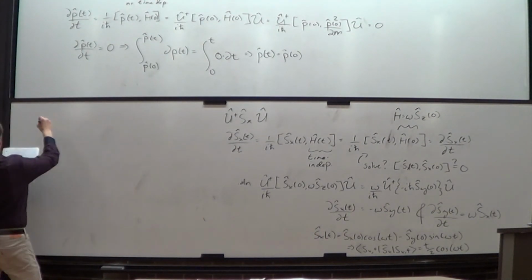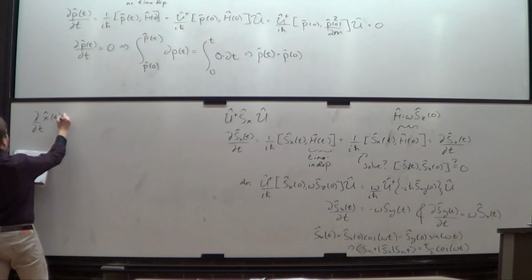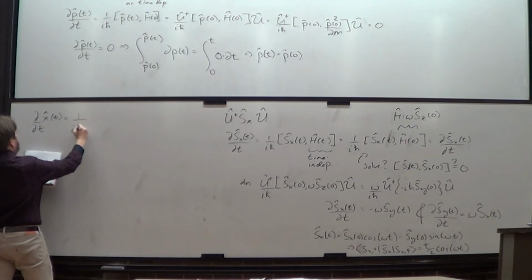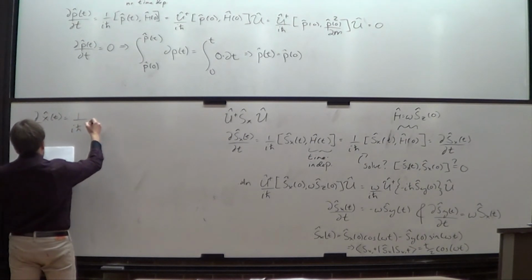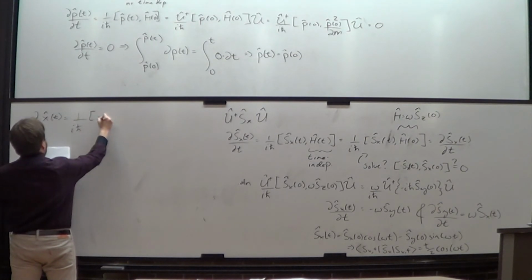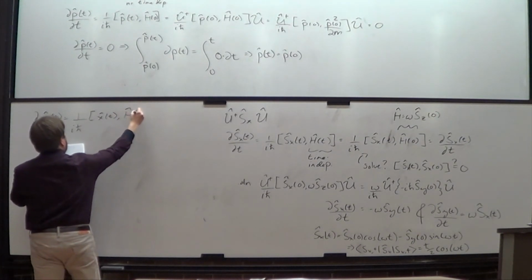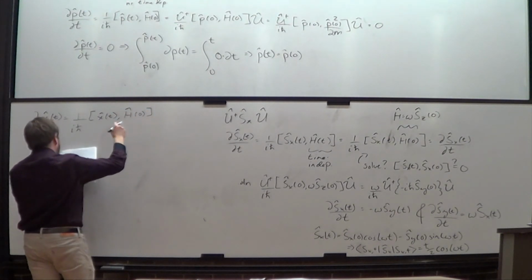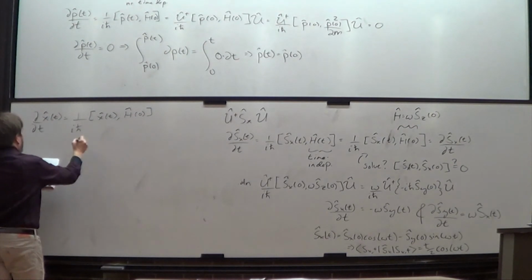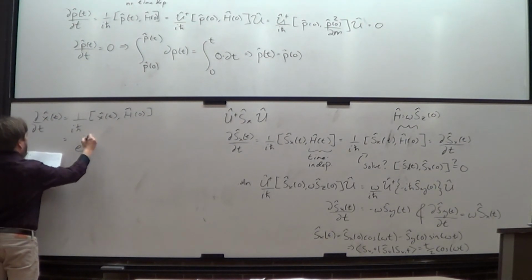Okay, so momentum is trivial, but now let's do position. Position turns out to be a little harder. Again, I stipulate that as being 0. Okay, let's see. Again, I'll write out the unitary operator.